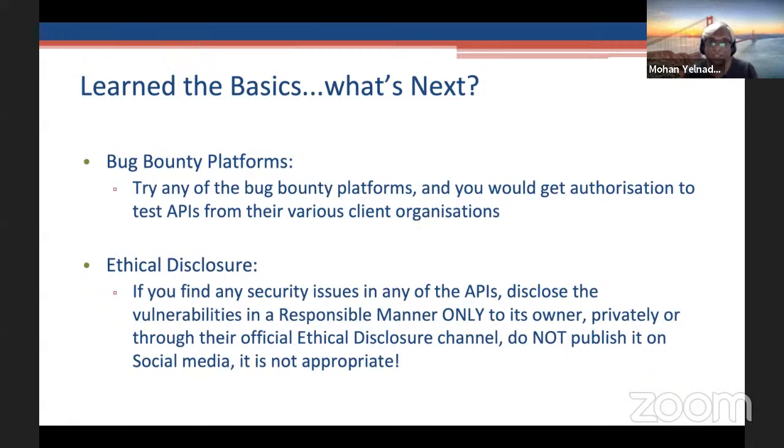They may list your name there, and then you can boost that in social media. So this is how you should disclose the vulnerabilities that you find, in an ethical or responsible manner, and not immediately jump to social media before it has been fixed.